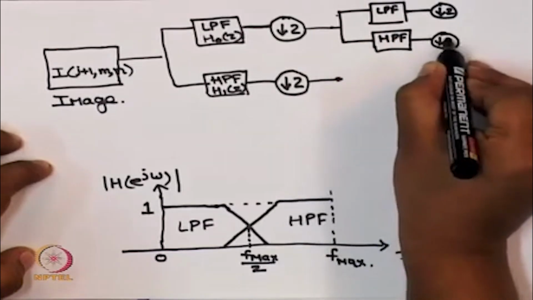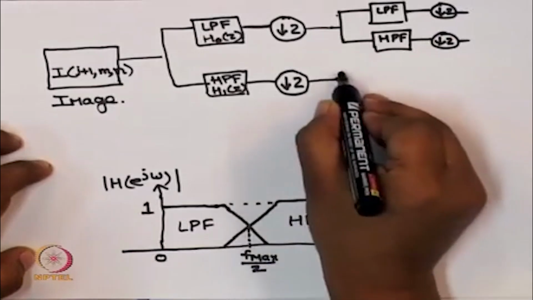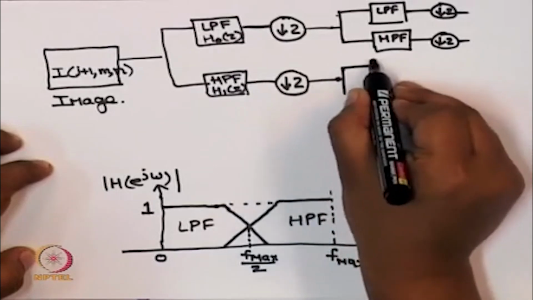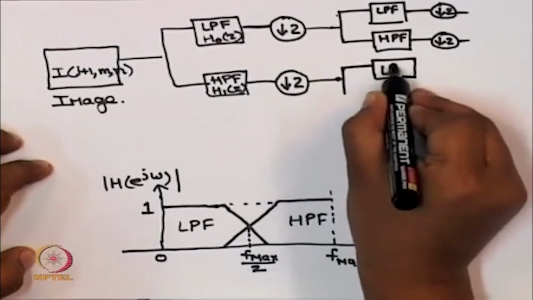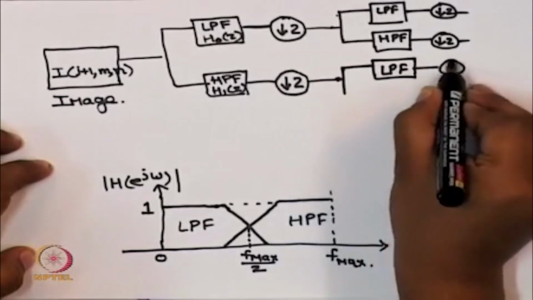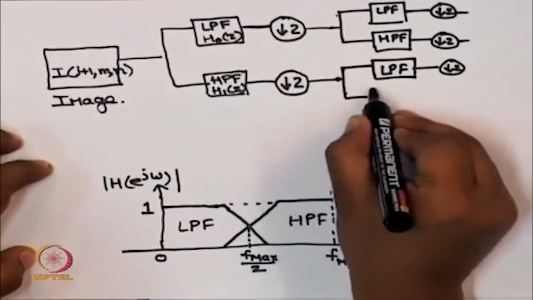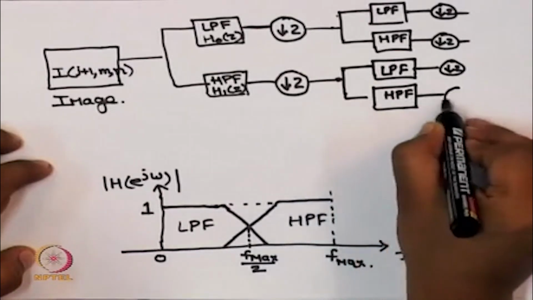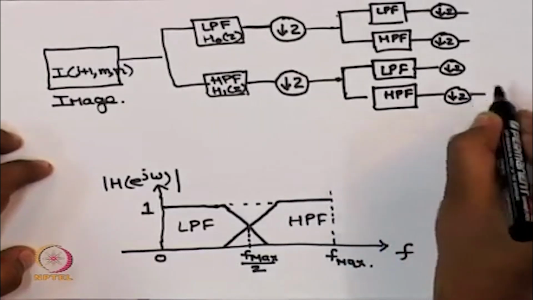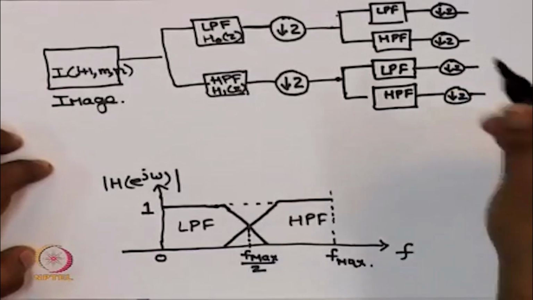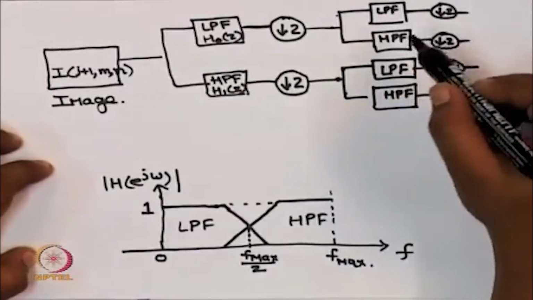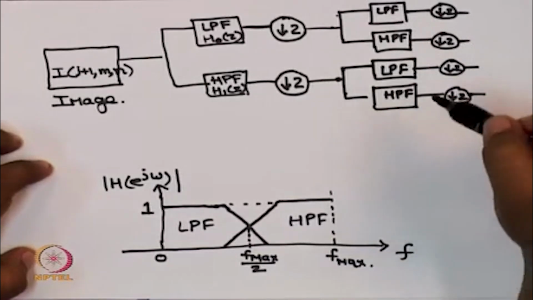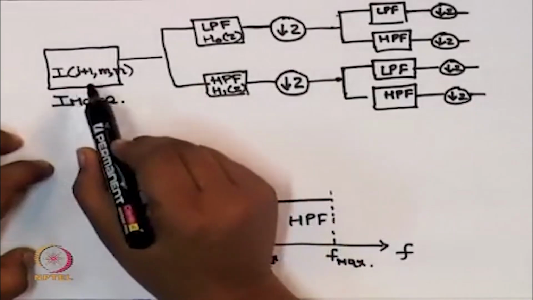The lower output of the high pass version is likewise passed through a low pass filter followed by downsampling by 2, and a high pass filter followed by downsampling by 2. But the difference now is that these filters and downsampling operations are now acting on the rows of the image I_{j+1}.